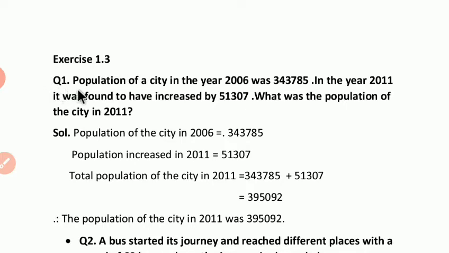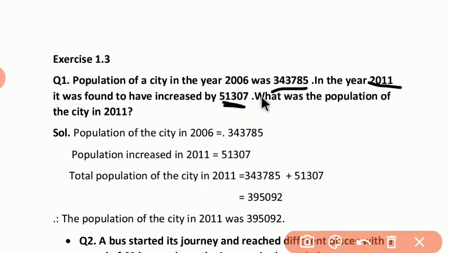Question number 1. The population of a city in the year 2006 was 3,43,785. In the year 2011, it was found to have increased by 51,307. What was the population of the city in 2011?